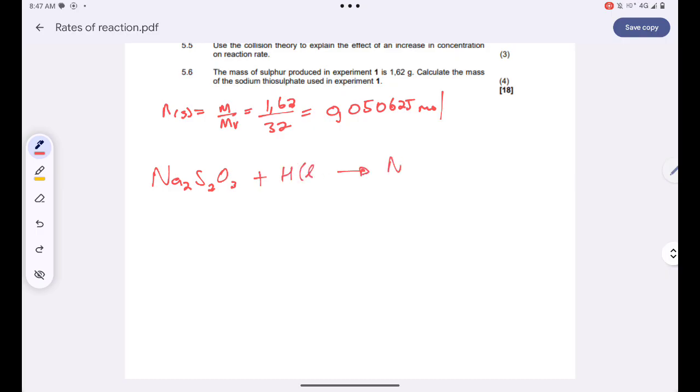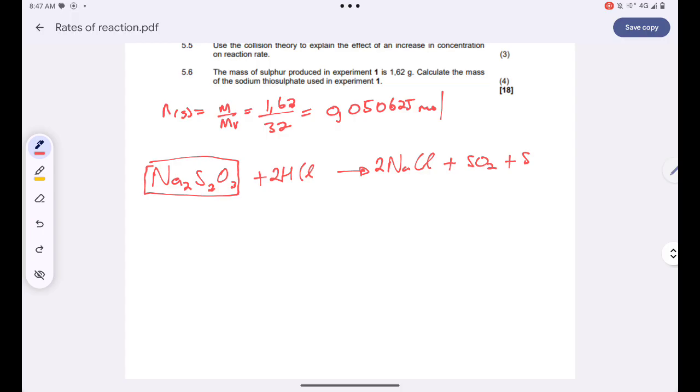This will give us sodium chloride plus sulfur dioxide as well as sulfur. I will have a 2 there and a 2 over there. Let me check that everything is balanced. Yes, it is.